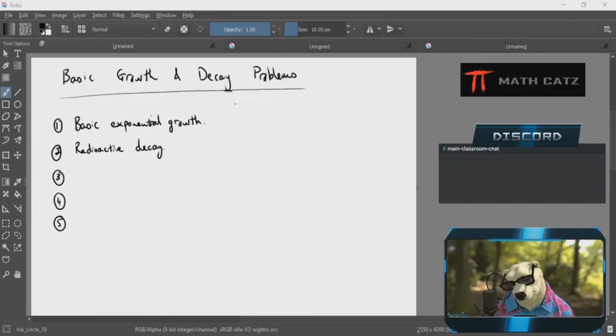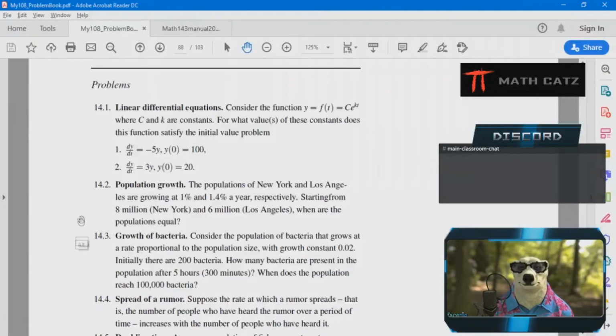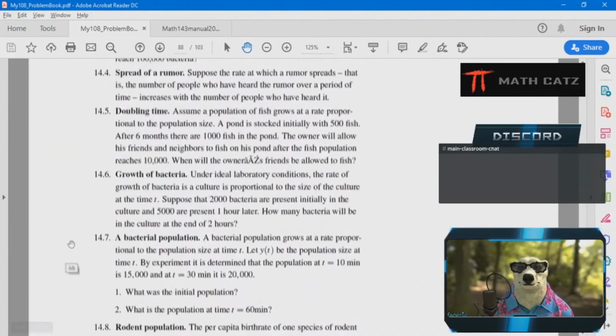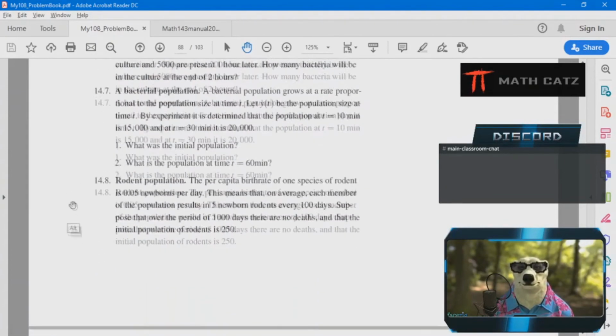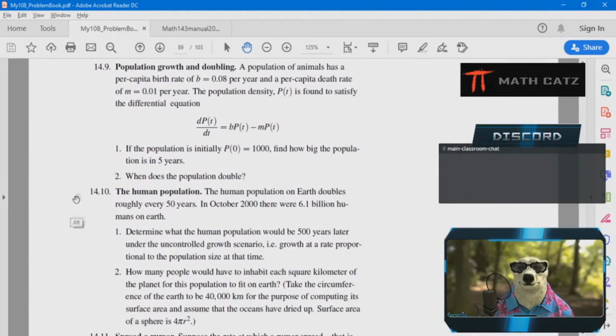All right. So I also have a bunch of questions on that we have done. So we have some population growth questions. I like the one that's a spread of a rumor that you can also model like this, not actual individual living things growing.